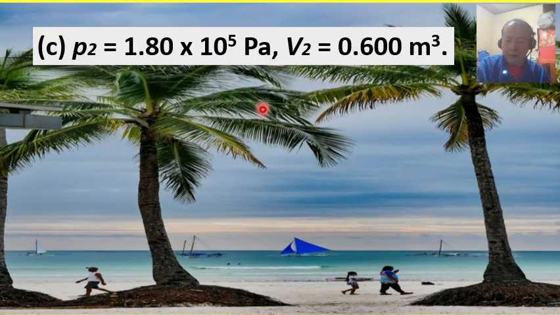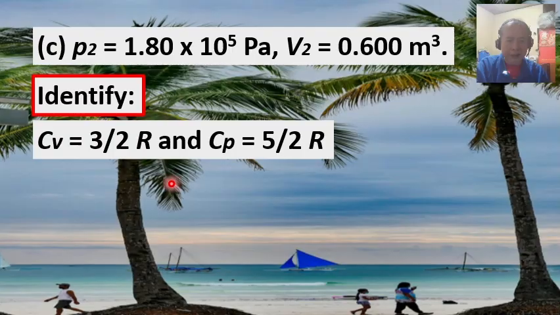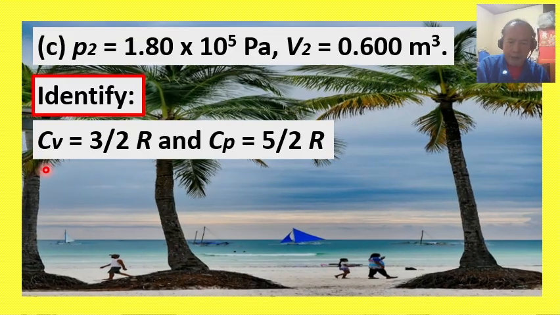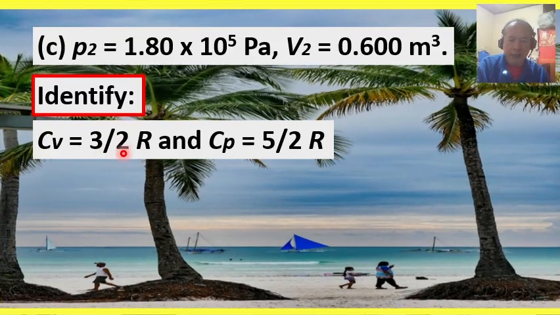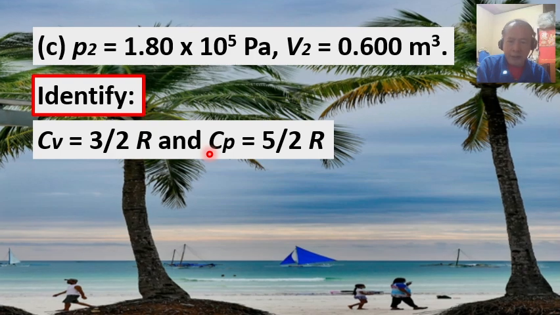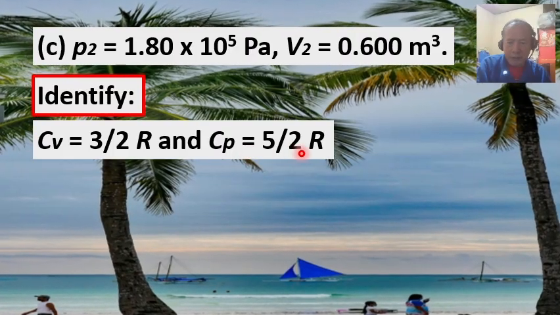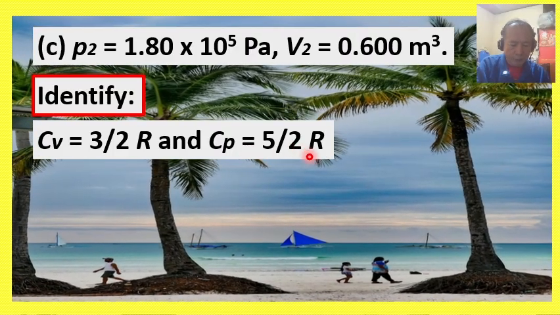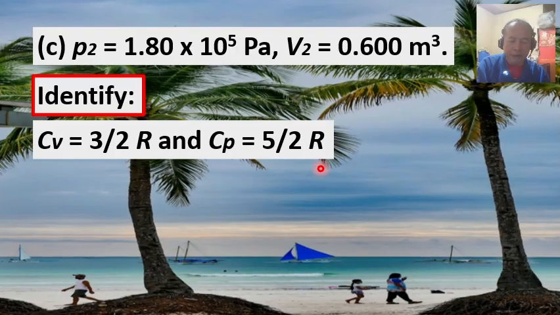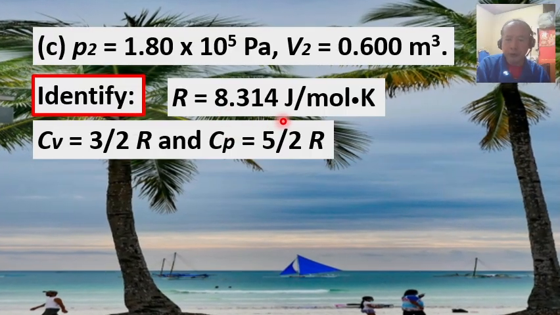So we are given the following data. The molar heat capacity, capital C sub V, equals 3 halves times the universal gas constant, or big R, while the molar heat capacity at constant pressure equals 5 halves times big R, where capital R here is known as the universal gas constant, equals 8.314 joules per mole Kelvin.